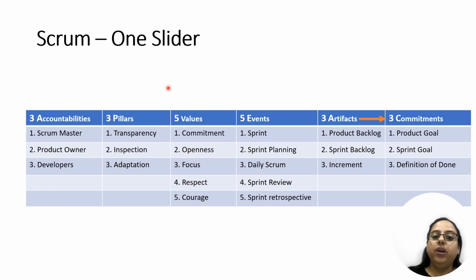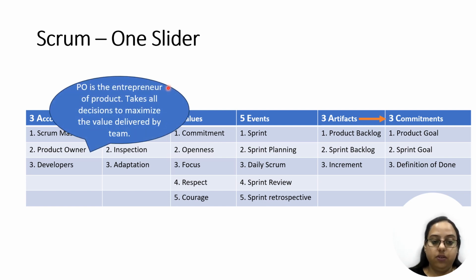The next accountability is product owner. So product owner is the entrepreneur of the product. Product owner takes all the decisions to maximize the value delivered by the team. This person is ultimately accountable to decide what needs to be built and when, right? This person takes all the decisions regarding the product development.